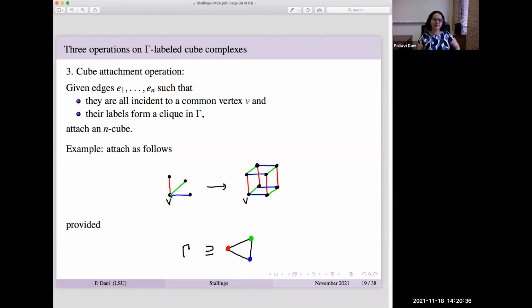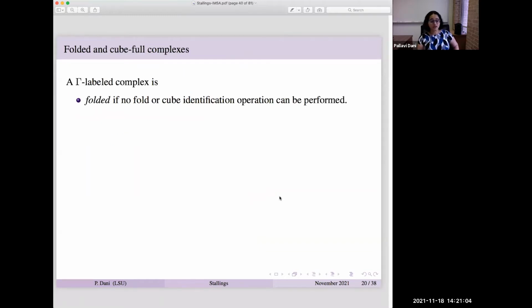If you have a vertex with some edges emanating from it, and the labels of those edges form a clique in your graph, then that tells you that those elements should commute in the right angle Coxeter group. So there should be a cube there, and so you attach a cube. Usually you would only attach a cube if there isn't already a cube there. Okay, so those are our three operations.